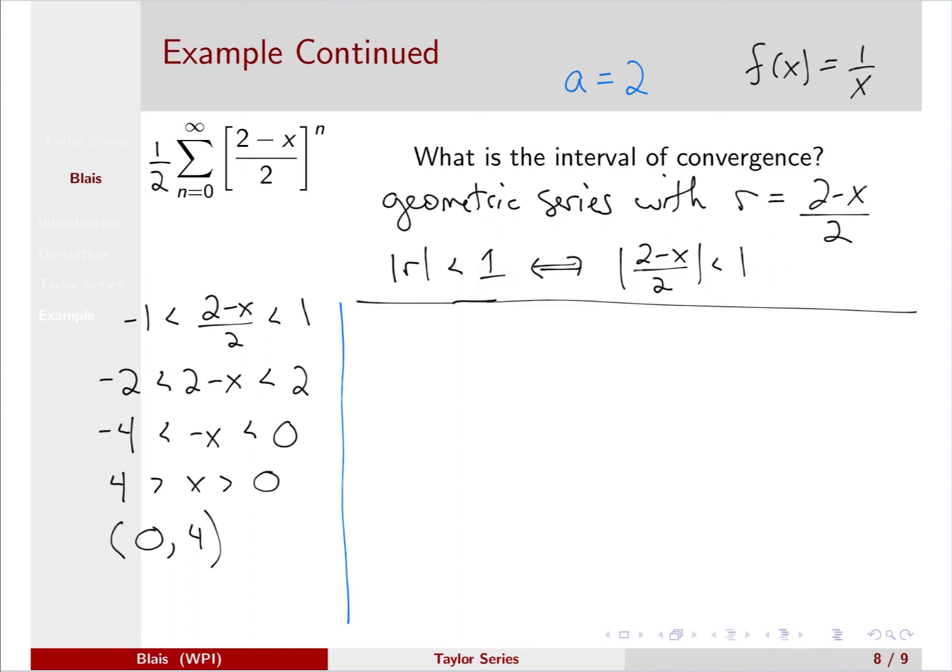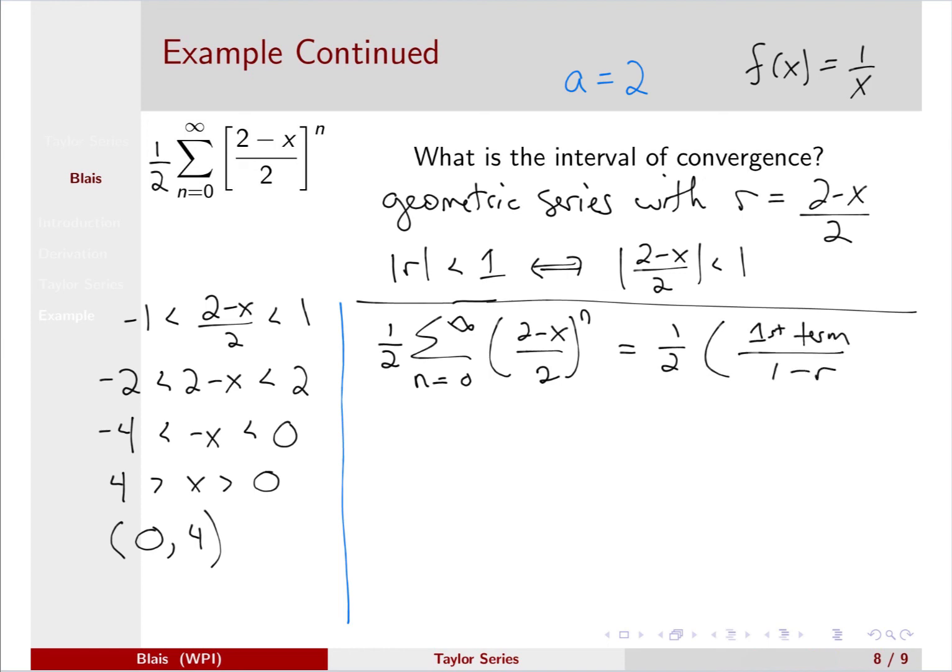We know that a geometric series that does converge, like this one, converges to the first term over 1 minus r.